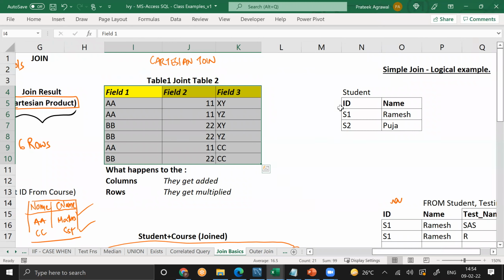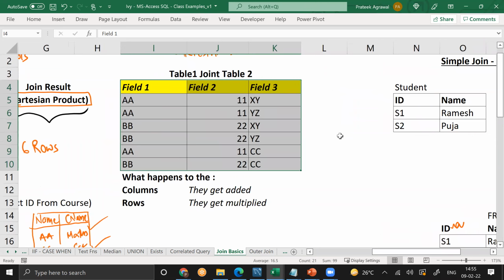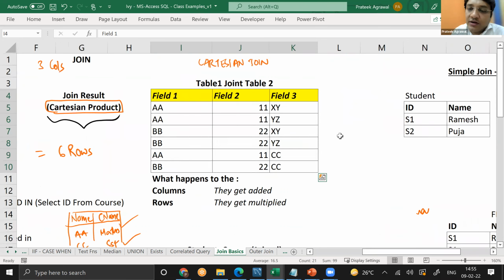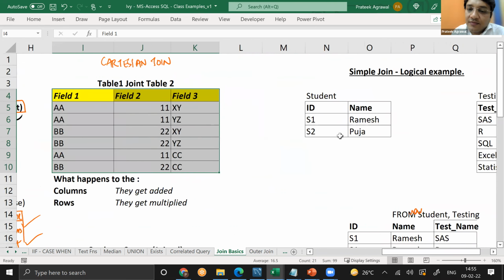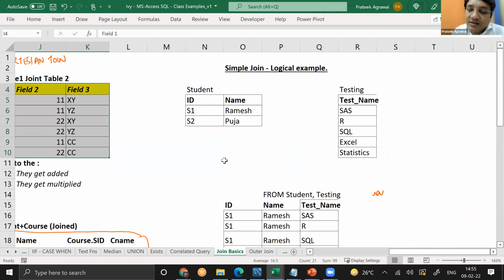That means these 2 columns will get added here, and each one of these rows will get combined with each one of the rows here. A and B are joined. Now C is also joined, and then whatever is the output of A, B, C, you will join the 4th table as well. Does that make sense, Sanjay? Yes, Pratik.